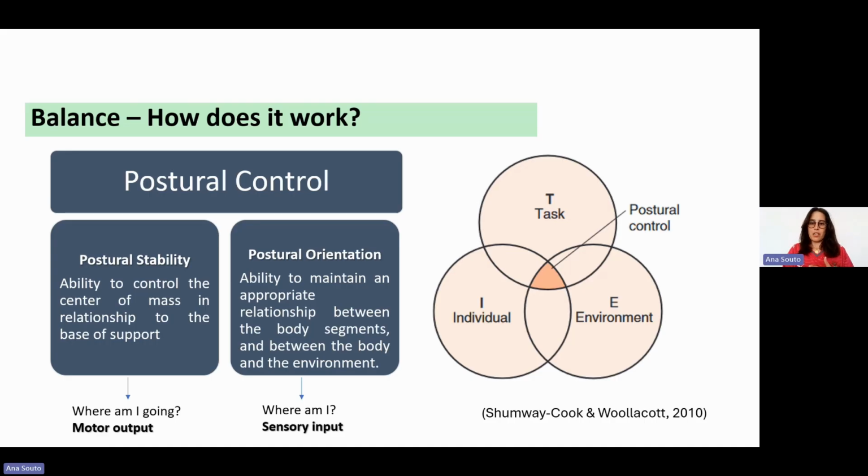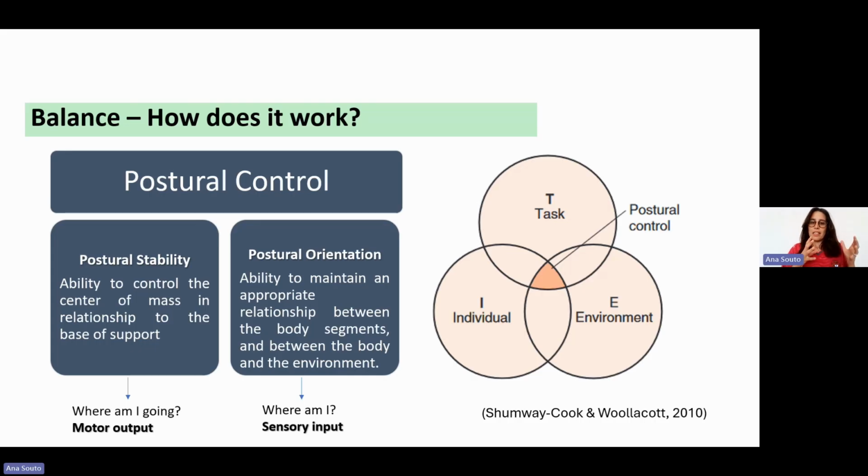Okay, so as all other mechanisms that are related to motor control, postural control or the balance response also emerges from the interaction between the individual and the sensory motor systems of the individual, the environment, and the task. So we know that different environments and different types of tasks signify a different balance response.